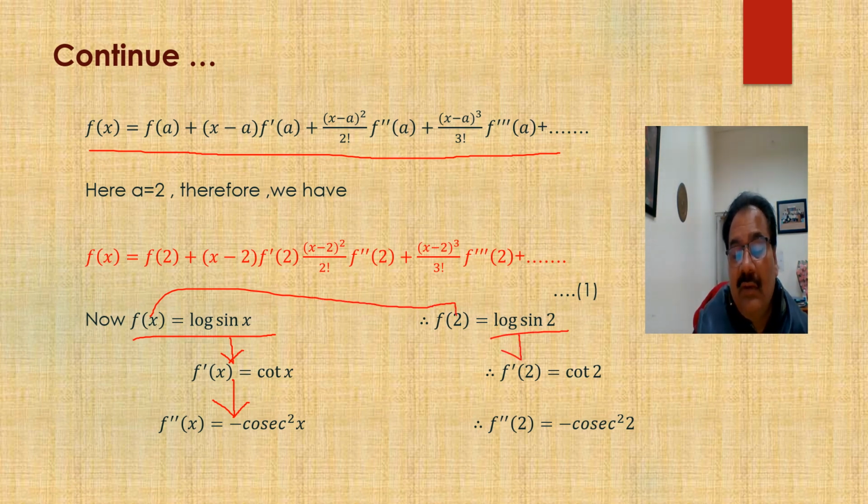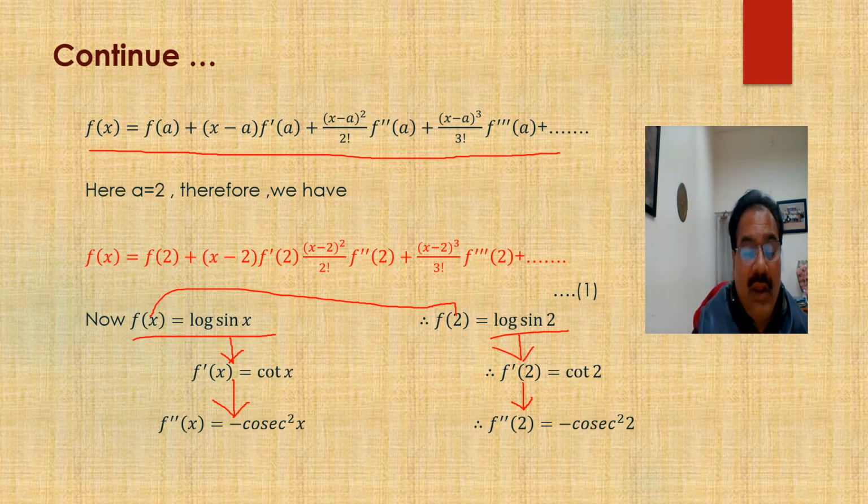What is f dash 2? f dash 2 you will get this, and f double dash 2 is this. So, all the constant values also you will get at the different values.